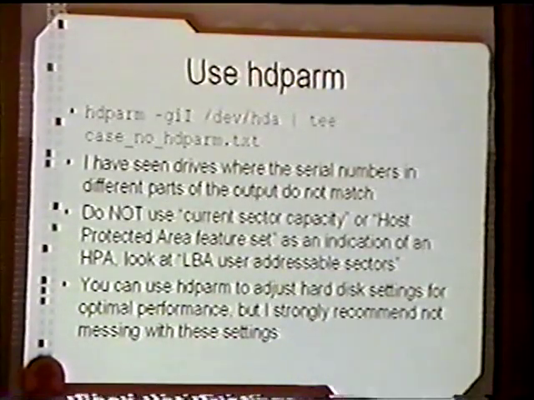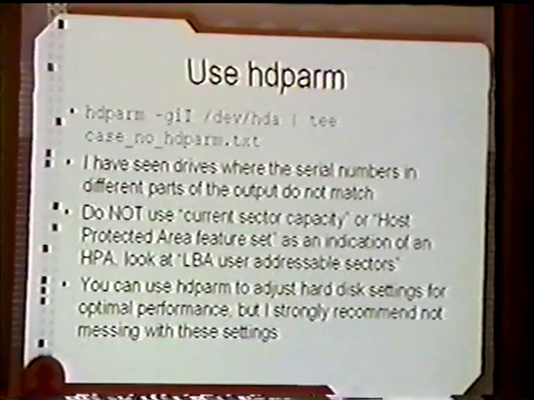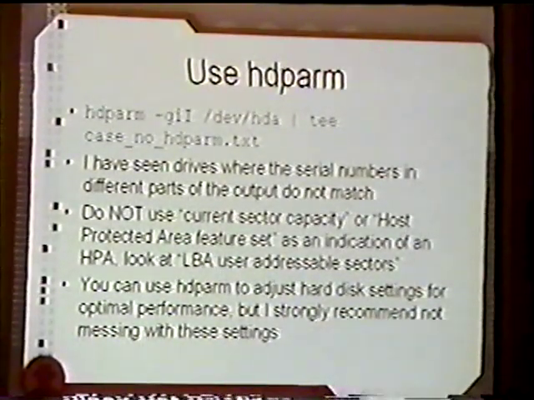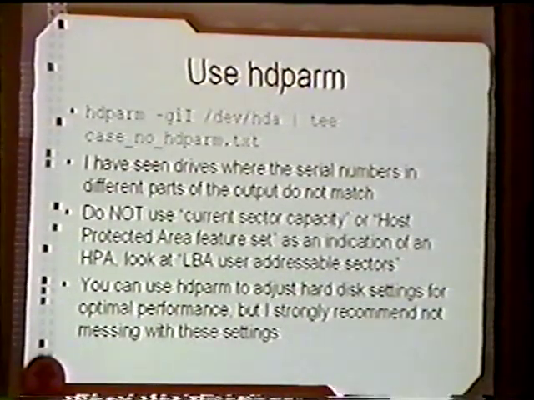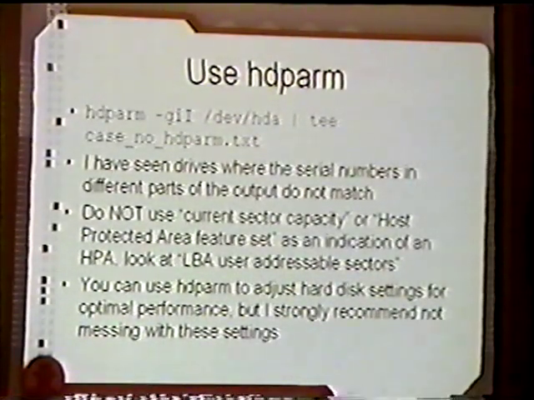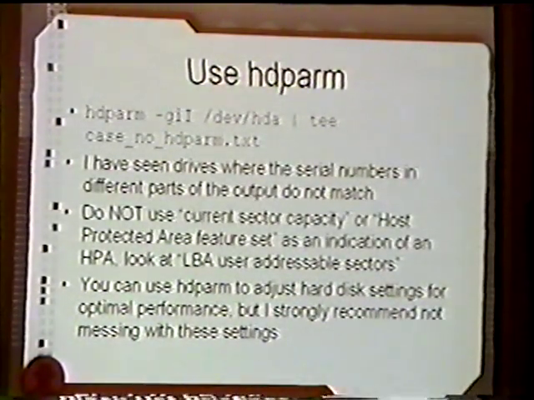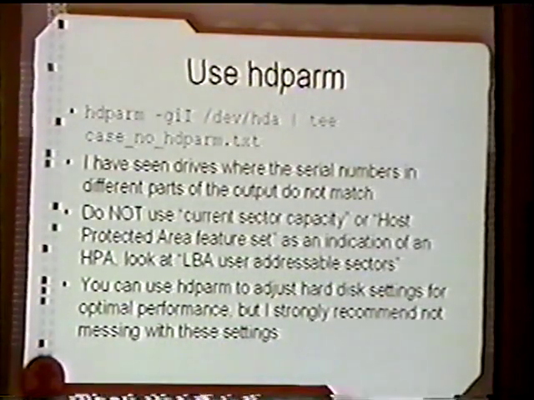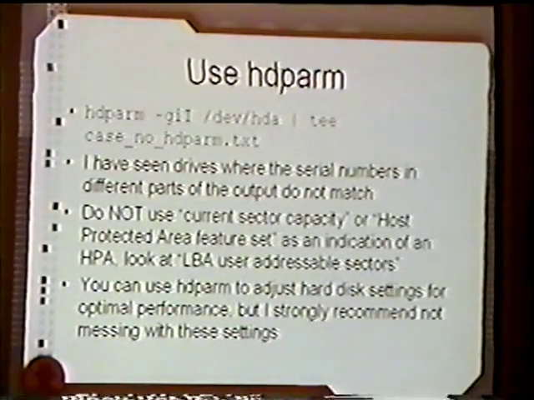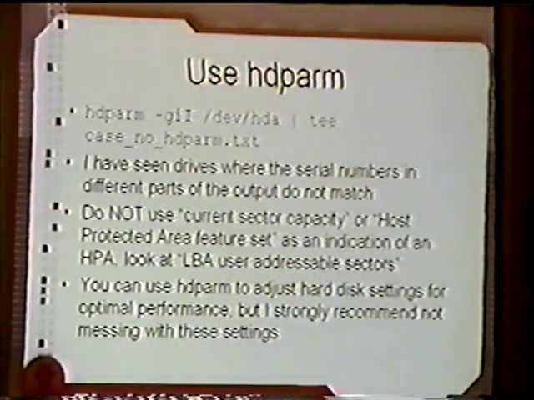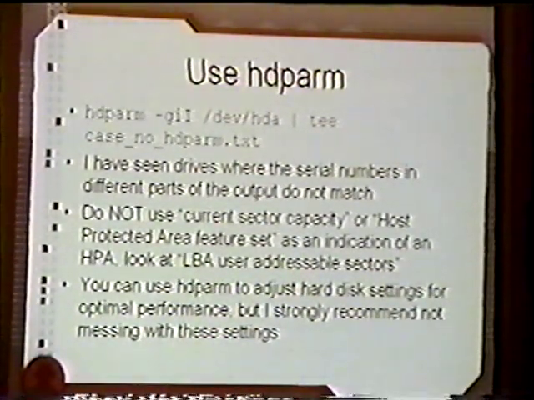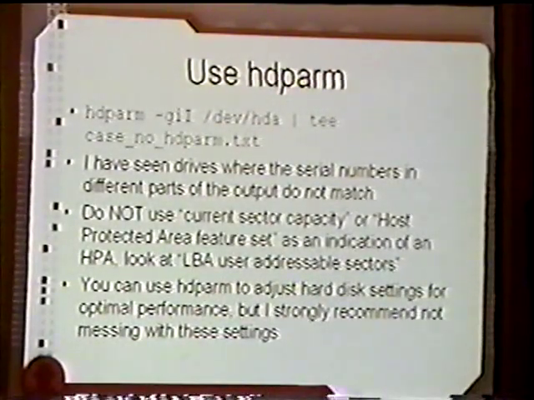Then we're going to use hdparm, which some of you may have heard of for doing performance tuning, but we're going to use it to just get the information off the drive. The options we want to use are dash lowercase g, lowercase i, uppercase I. The order isn't really important, but the gist is that it's going to give you the geometry of the drive, and it's also going to give you information about the drive. I forget which is which, but one of the I's does the information from the kernel, so it's what the kernel thinks the drive is.